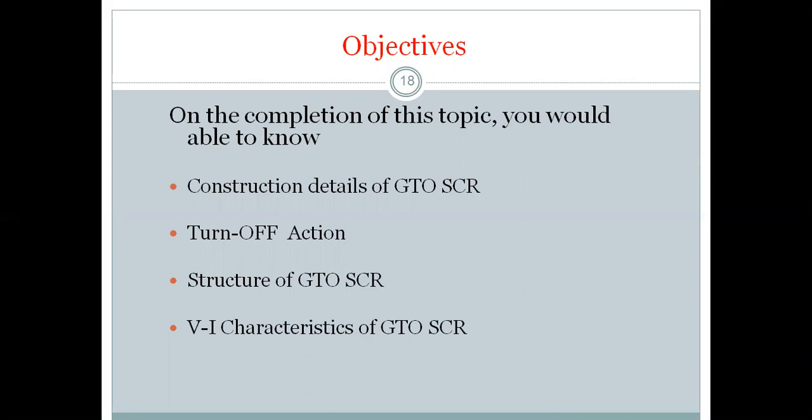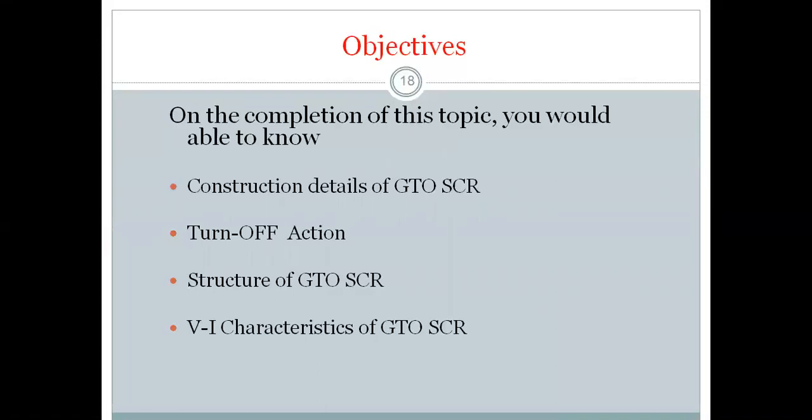It can be turned on by a positive gate pulse like an SCR and turned off by a high amplitude negative pulse. Hence, GTO eliminates the need of forced commutation.